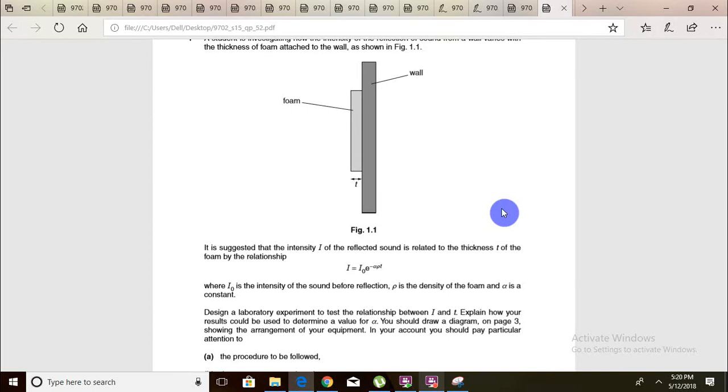Sound of a particular frequency and a particular intensity is going to hit the foam and be reflected back. So how do we get the intensity then?